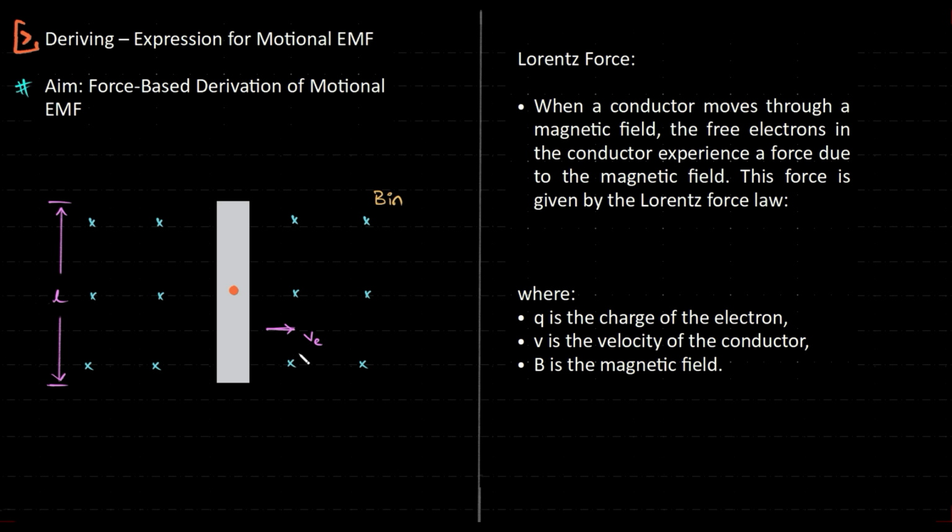We understood that if I move a rod in the presence of a magnetic field, as per our right hand rule, if I point my thumb in the direction of the motion and my index finger in the direction of the magnetic field, my middle finger will point in the direction of the force that a positive charge will experience. So this we understand. Now let's apply it.